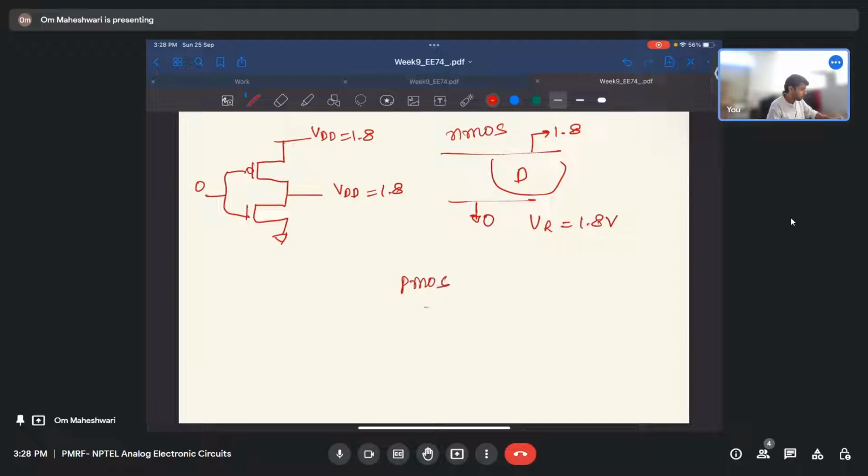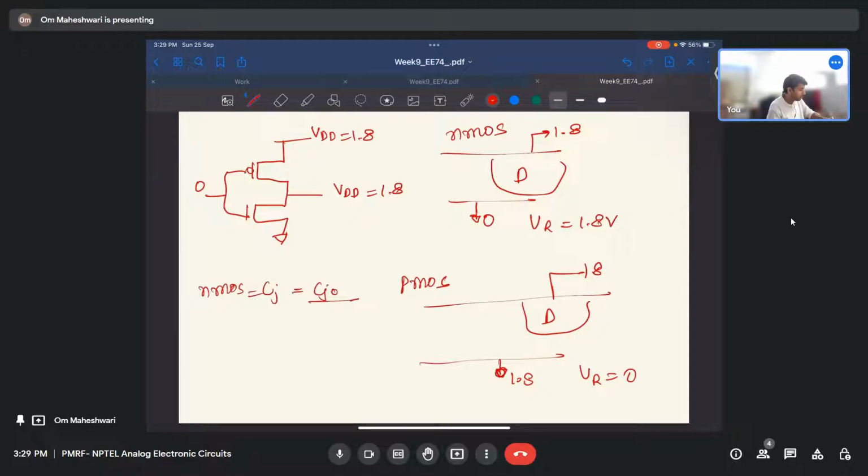For PMOS, the drain is at 1.8 and the body is also at 1.8. So VR is equal to 0. So for NMOS, Cj equal to Cj naught by 1 plus 1.8 by VBI, and for PMOS, Cj equal to Cj naught, because VR is equal to 0.